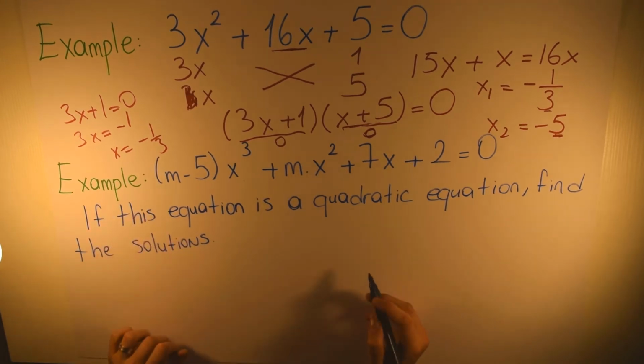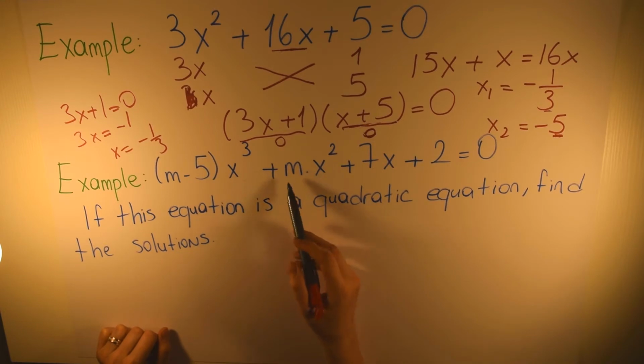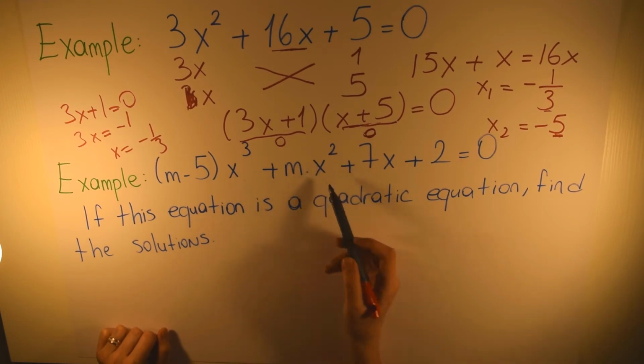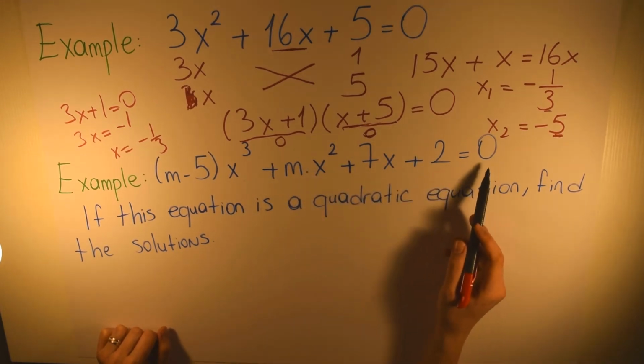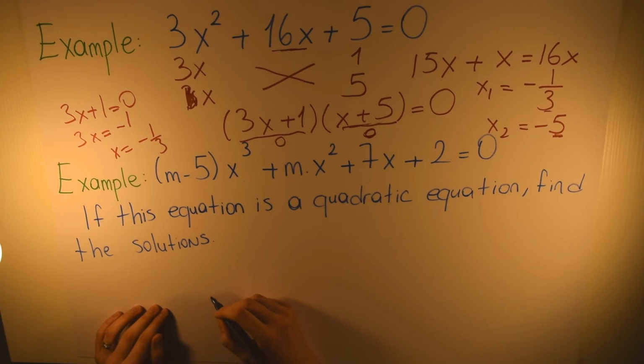Let's look at this example. Here we have m minus 5 times x cubed plus m times x squared plus 7x plus 2 is equal to 0. If this equation is a quadratic equation, find the solutions. So this is a quadratic equation, which means the highest degree of the variable should be 2, right? It cannot be higher than 2.